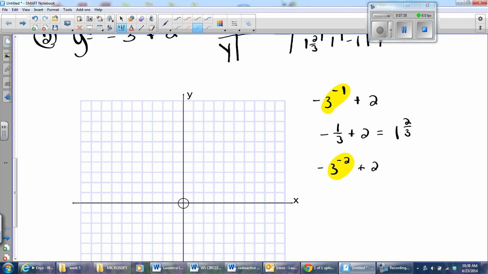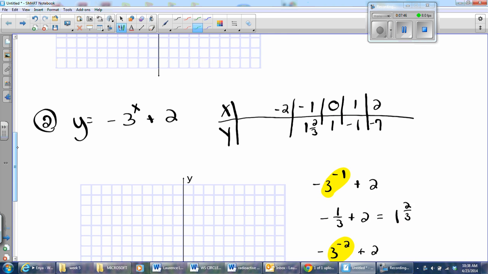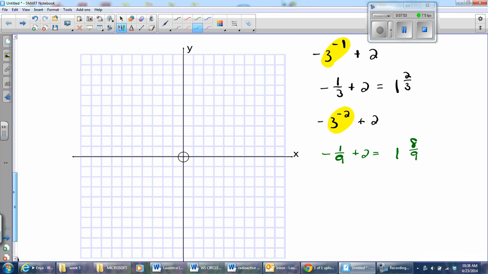All right, so 3 to the -2nd is going to be 1/9. -1/9 plus 2 is going to be 1 8/9. Ooh, I know the asymptote. 1 8/9. If you don't know it yet, that's okay. You should see it after the next one. This will be the last one I do, and then I'll go to graph. -3 to the -3rd plus 2.